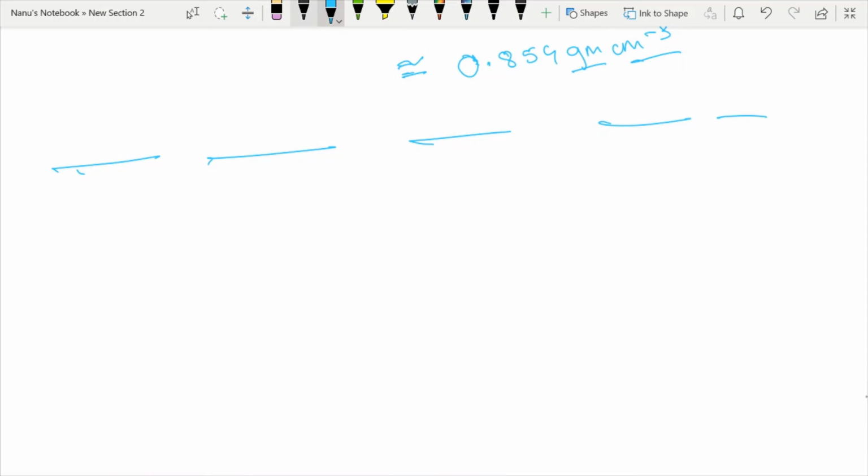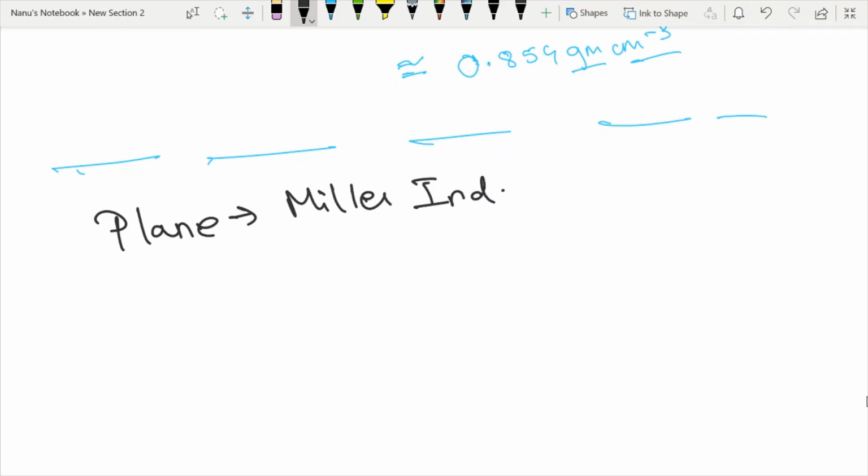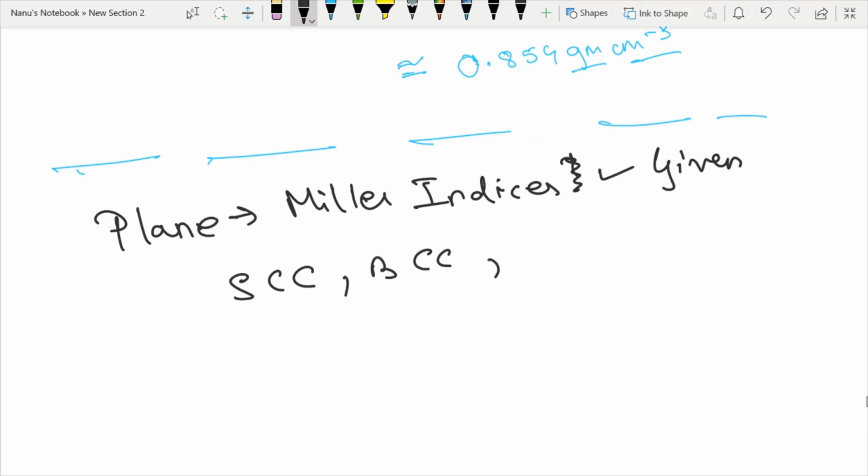Another problem or trick I want to tell you, because it is so easy, I don't want you guys to miss out on this, is that suppose they give a plane, they give the Miller indices, right? They will tell you it is SCC, BCC, or FCC. I don't know whether you guys know this trick or not, but there's a beautiful trick to this.